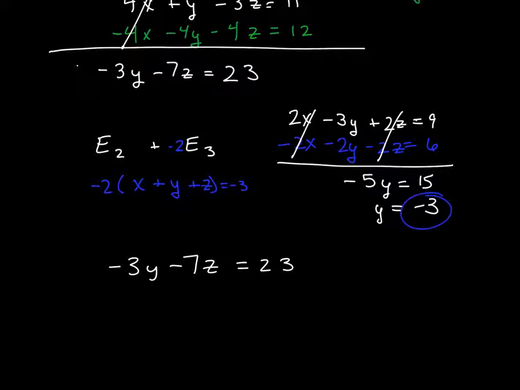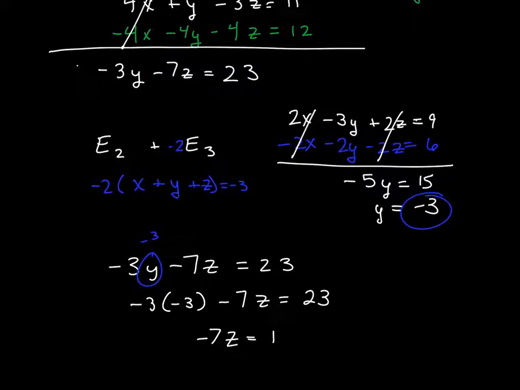And since y is equal to negative 3, I replace that y with a negative 3. So it's negative 3 times negative 3 minus 7z is equal to 23. You get negative 7z is equal to 14, and z is equal to negative 2.